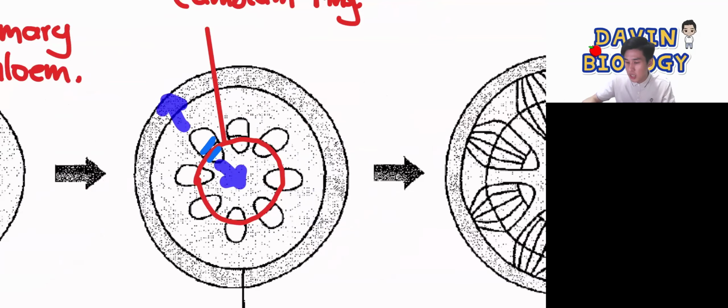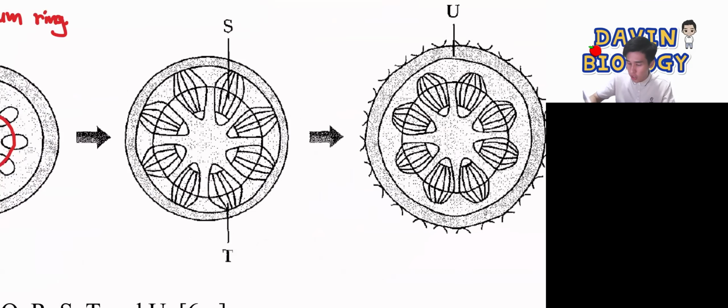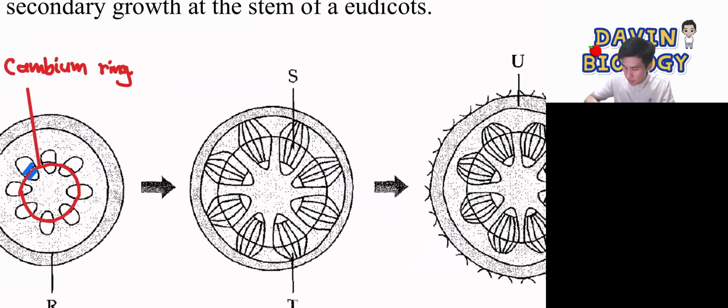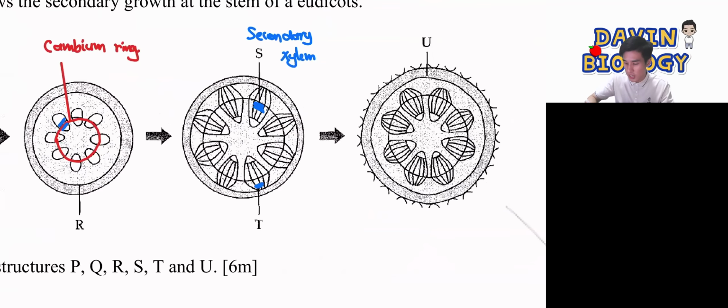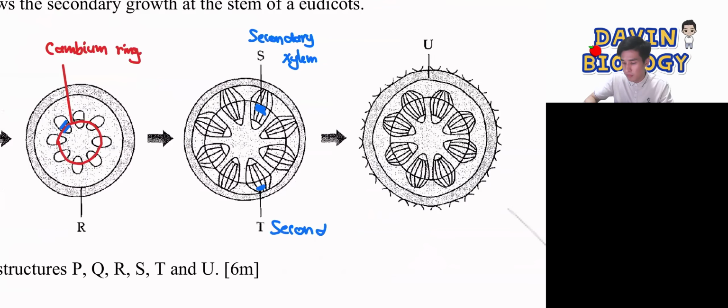Come to this diagram: you will have new xylem inside here, which is called the secondary xylem, and a new phloem over here called the secondary phloem. So S is pointing at secondary xylem. The one on the outside is your secondary phloem.